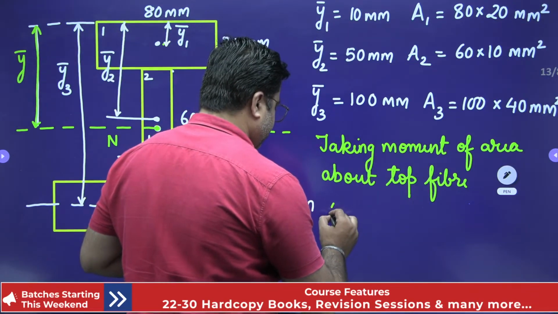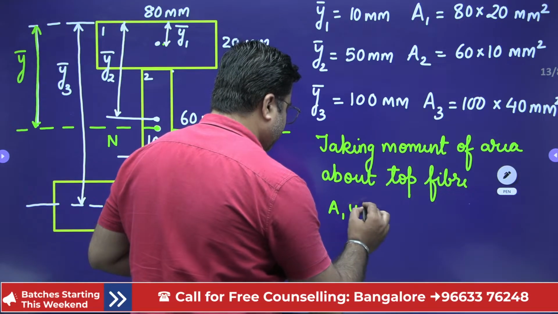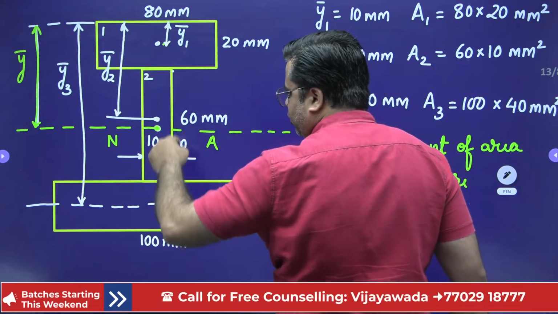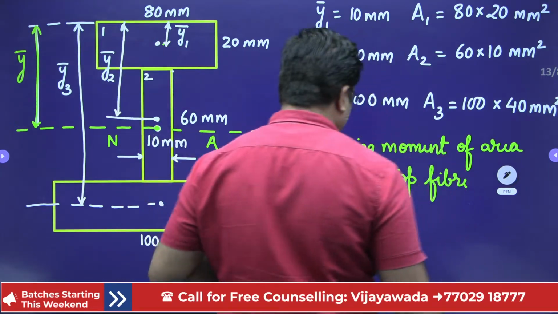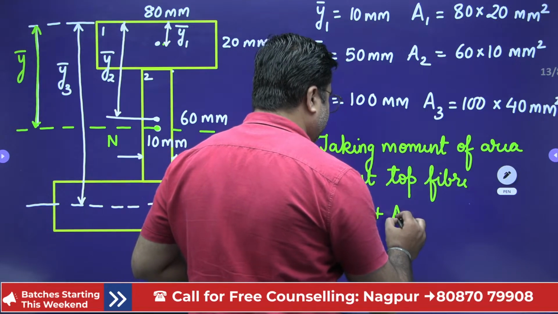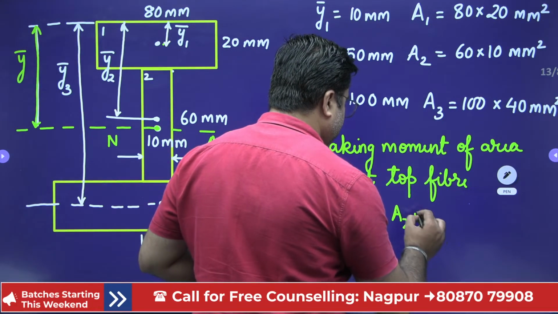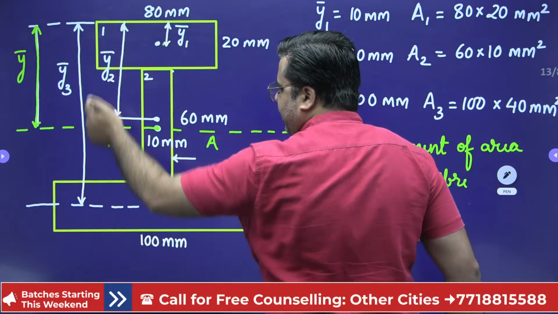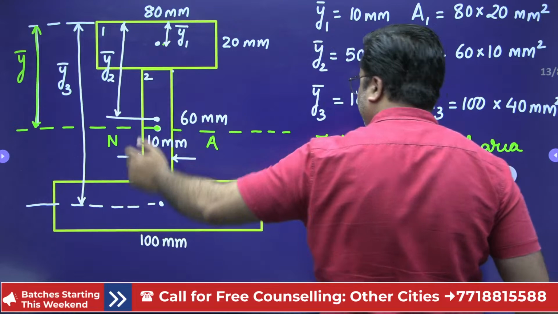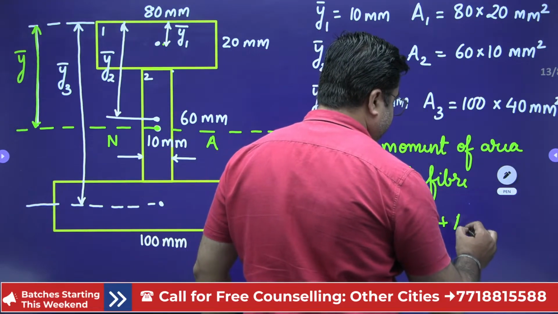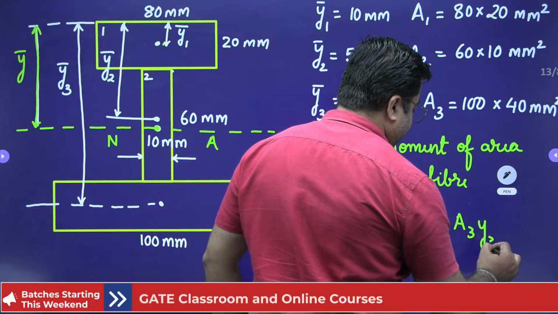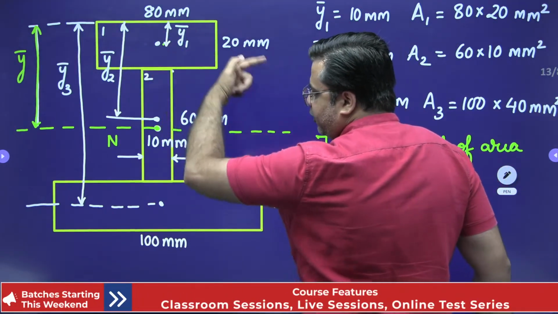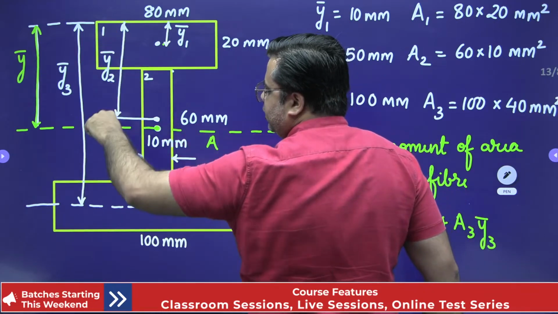Second will be A2 into Y2 bar. Third will be A3 into Y3 bar. And this entire moment should be equal to the moment of the entire area about the CG.